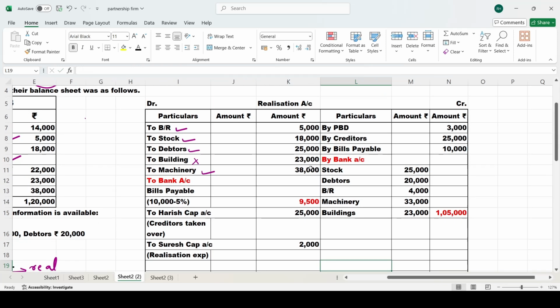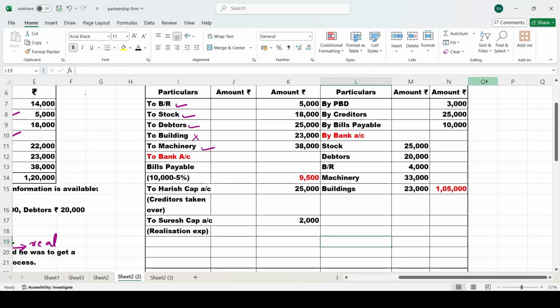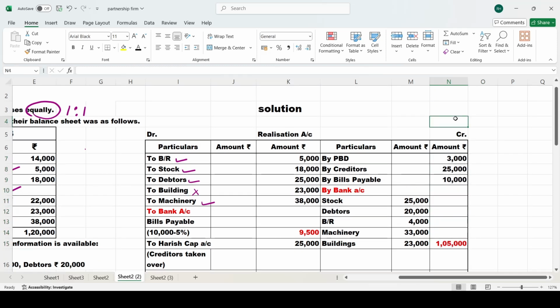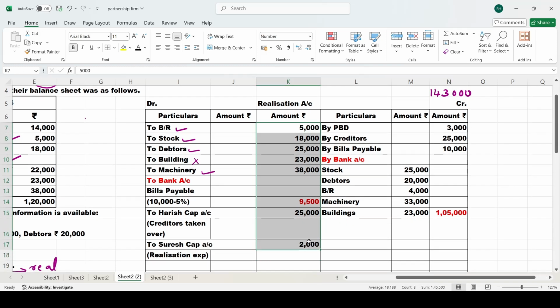No. Now we will check which side it is more and then we'll close the realization account. This side you have got 1,43,000. I'll just write it here. 1,43,000. Okay, this side you have got 1,45,500.